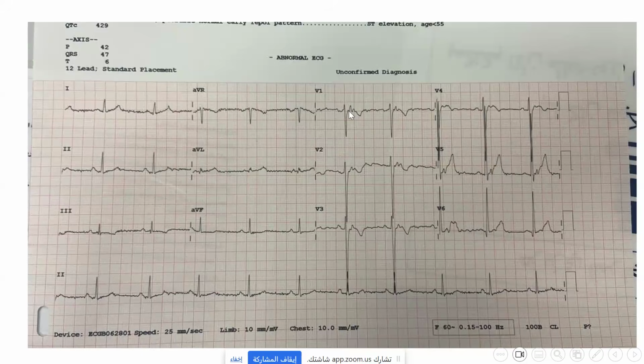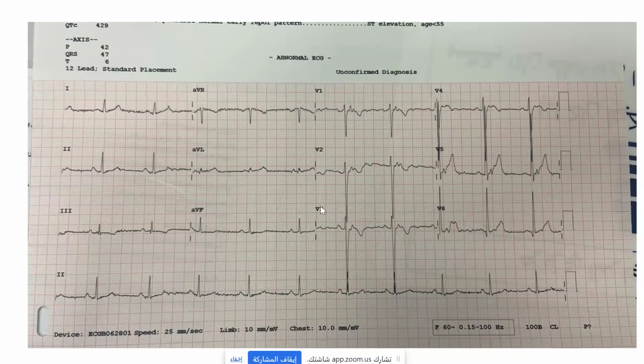Abnormal repolarization, initial depolarization or repolarization at the end of the QRS complex is called an epsilon wave, and this is with T wave inversion in V1, V2, V3, and it is not a usual finding in a normal ECG. So this is an absolutely abnormal ECG. What could be the cause of this abnormal ECG? Arrhythmogenic right ventricular cardiomyopathy.